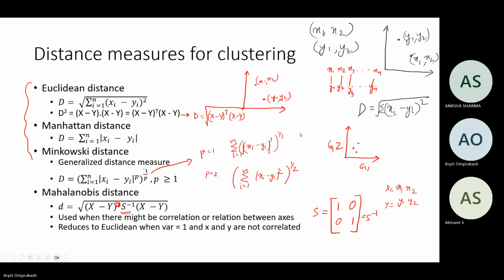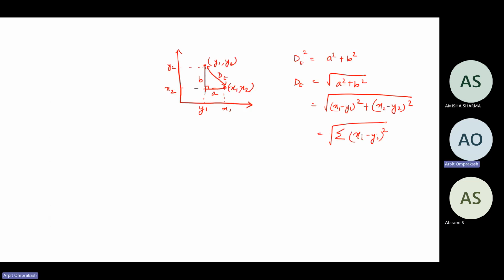Yes, sir. Okay. So it carries over to multiple dimensions as well. For example, this is two-dimensional data. Let's say you had x1, x2, x3 till xn, and y1, y2, y3 till yn. This is your first point, this is your second point.